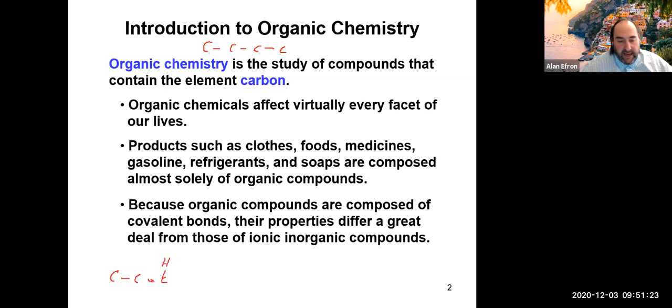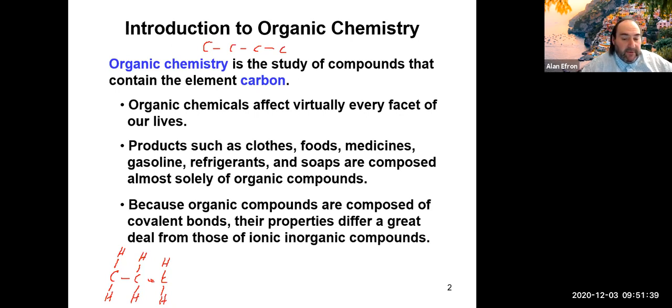And every so often, we swap out some of the hydrogens for other elements, oxygens, maybe sulfurs, nitrogens, and we get some different types of organic compounds.